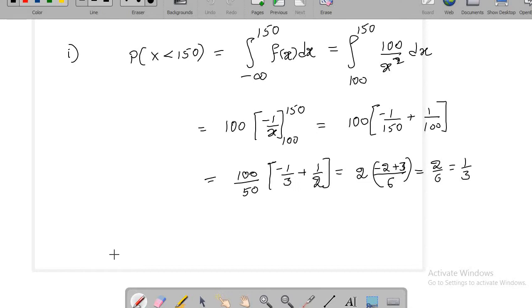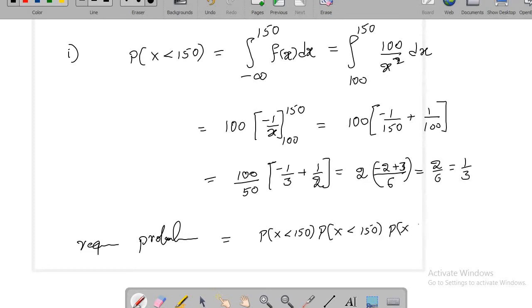Since they are independent, the required probability is the probability that the first tube works less than 150 hours, times the probability for the second tube, and the probability for the third tube. So that's equal to 1 by 3, 1 by 3, 1 by 3. So that is going to be 1 by 27.